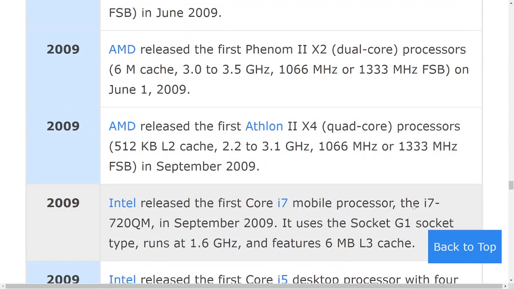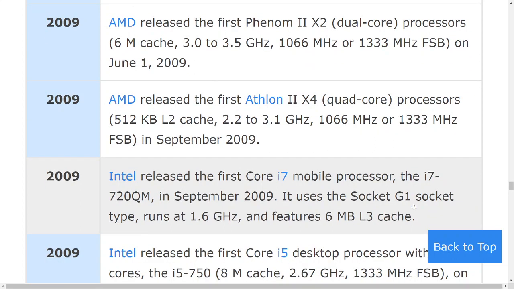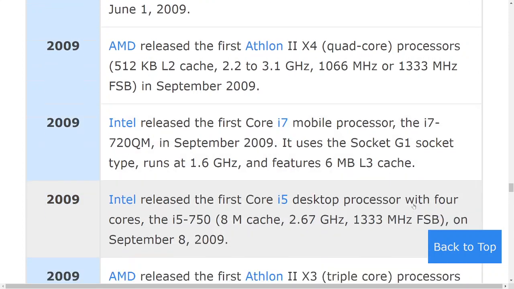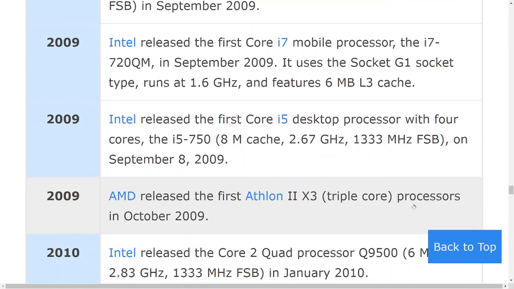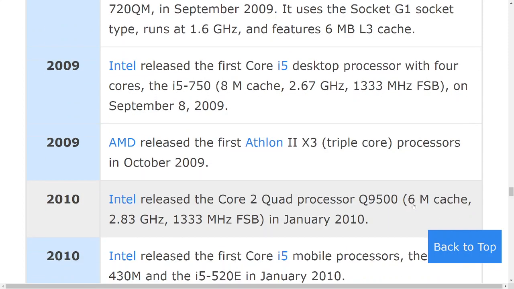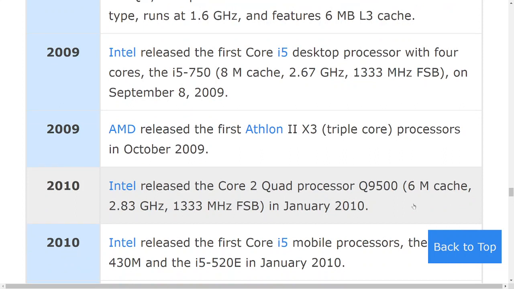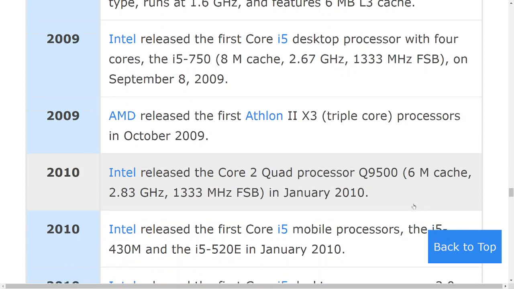Then 2009, Intel, it was mobile processor i7. In the same year, i5 desktop processor. The same year, Athlon II triple core X3. Intel released Core 2 Quad processor Q9500.